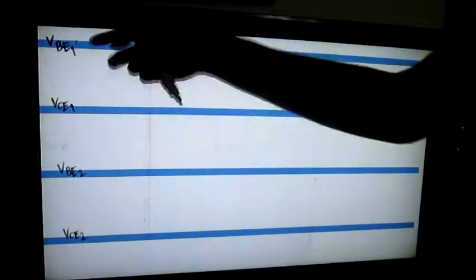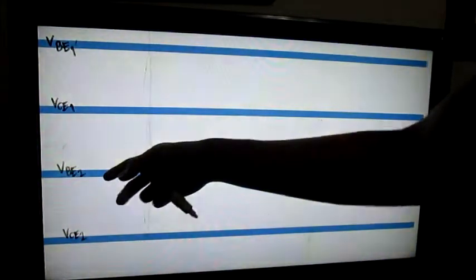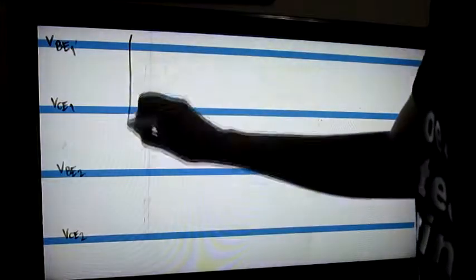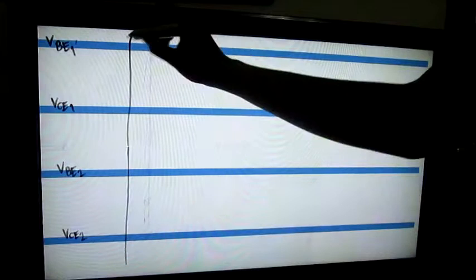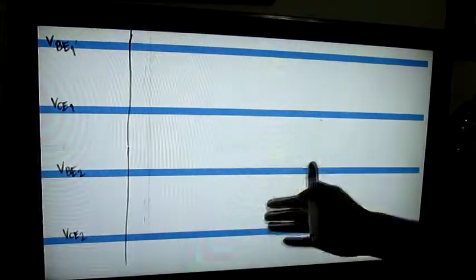To understand more about the astable multivibrator, I will present its waveforms. Here are the waveforms for VBE1, VCE1, VBE2, and VCE2. The blue line represents the voltage at ground potential, which is 0 volts. In the discussion, we assumed that Q1 is on while Q2 is off at first.